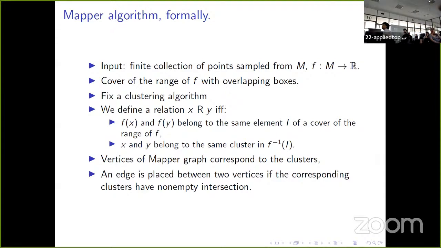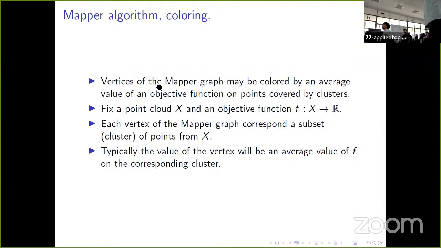Every cluster corresponds to a vertex. Two intersecting clusters correspond to an edge. And that's a mapper graph. Does that make sense?